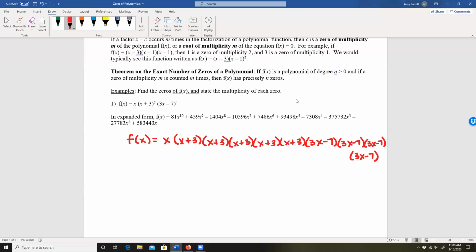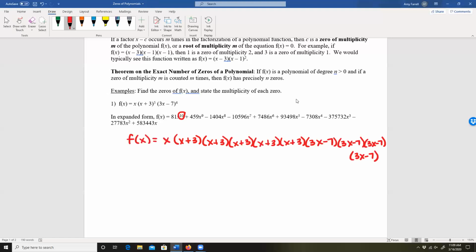I did not do this math myself, but I let a website do it, and this is what I got. Now, do we need to expand this? Heck no, we do not need to. I'm just trying to explain this theorem. What the theorem says is we look at the degree of the polynomial, and the degree is 10.